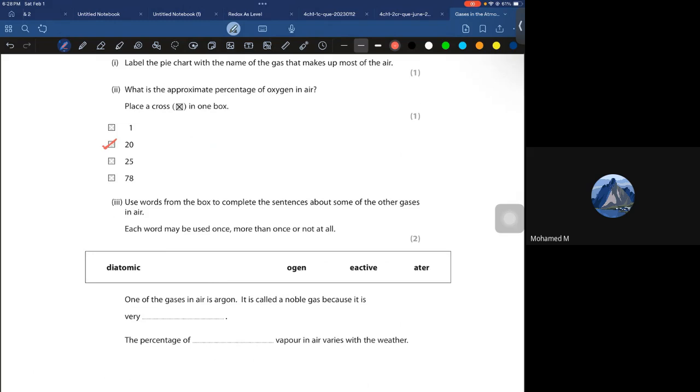Exactly. It's very unreactive. Can we say inert? But they are asking in the box. Unreactive.